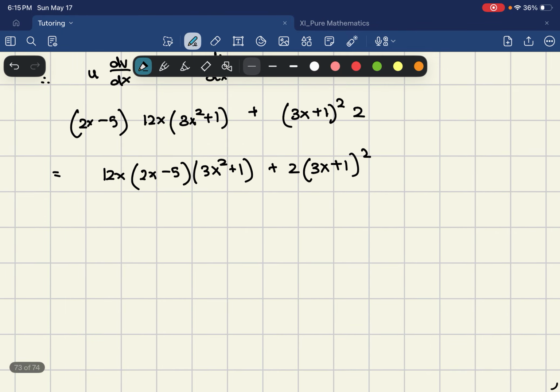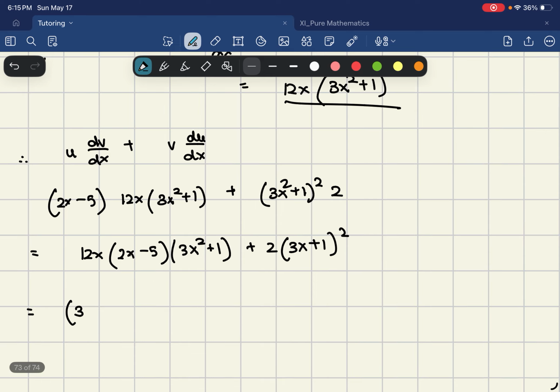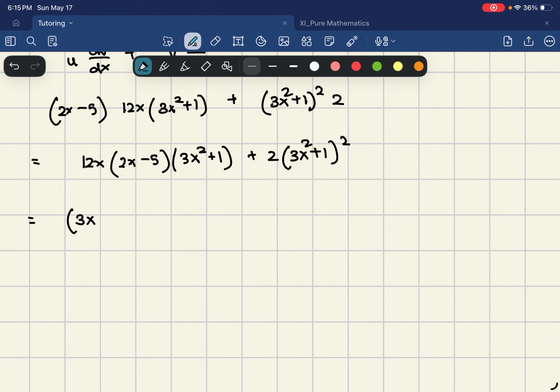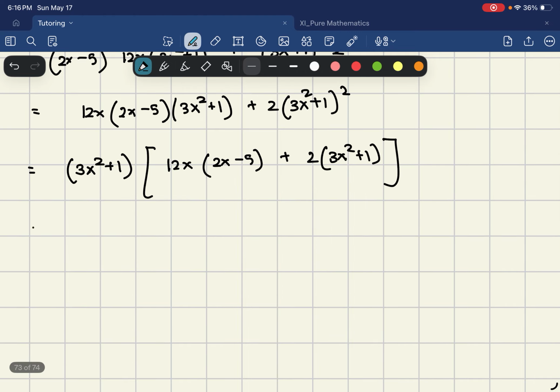And we can factor out 3x squared plus 1. And we get 12x(2x minus 5) plus 2(3x squared plus 1). And inside the bracket, if I expand this expression, I'm going to have 24x squared minus 60x plus 6x squared plus 2.